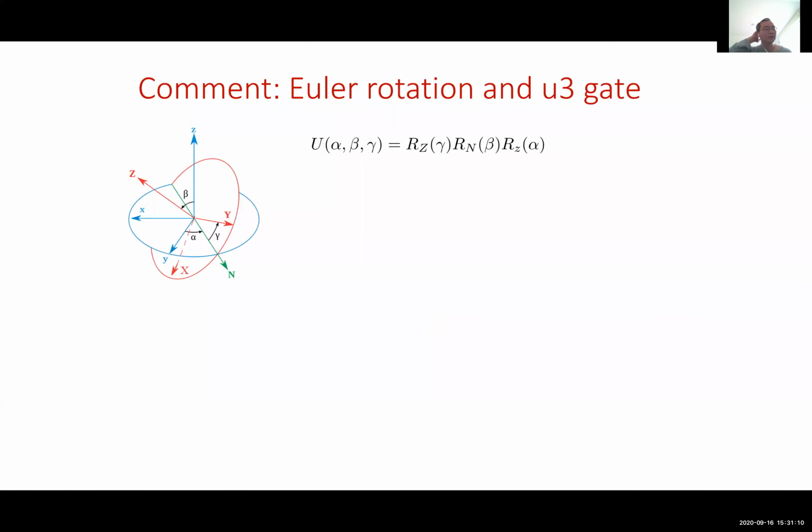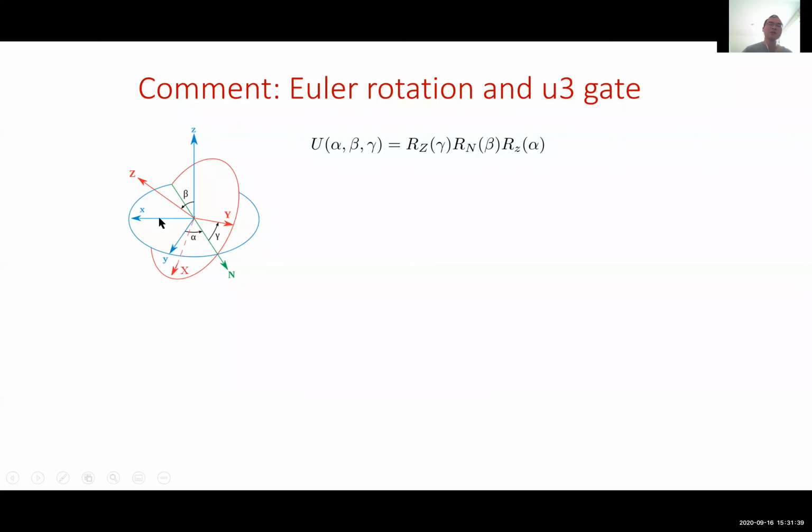So before I turn to the Qiskit notebook, I want to explain this Euler rotation and the U3 gate. You probably learned in your mechanics, if I have two sets of axes, let's say the capital X, Y, Z versus the lowercase x, y, z, they are arbitrarily oriented.